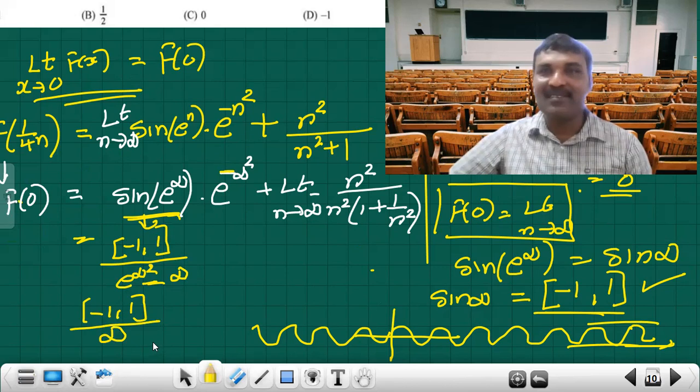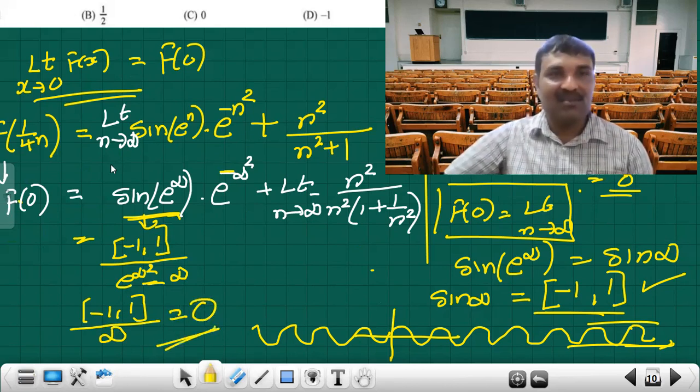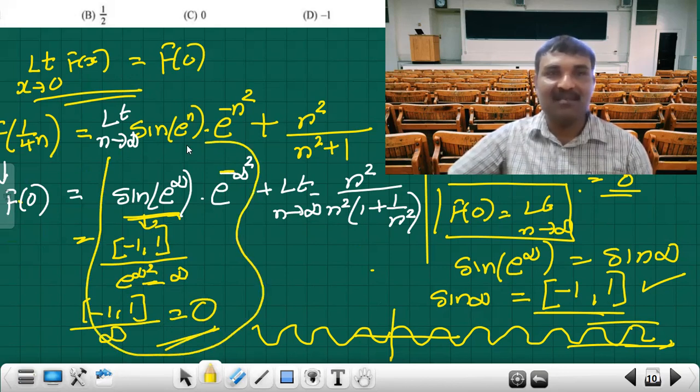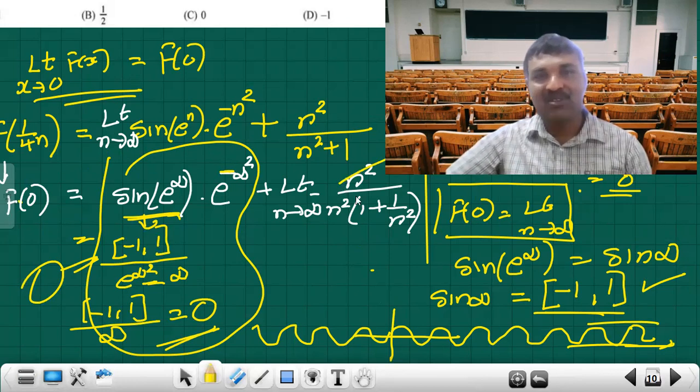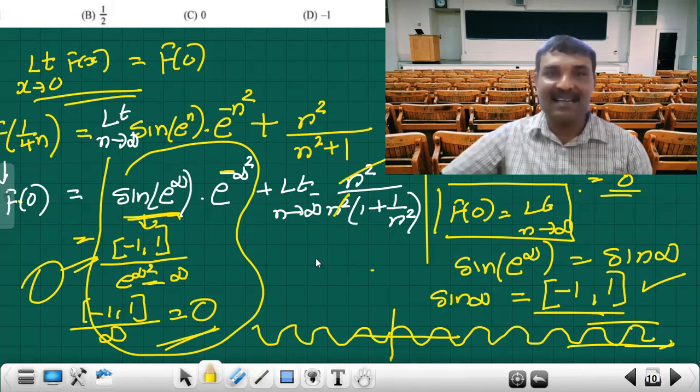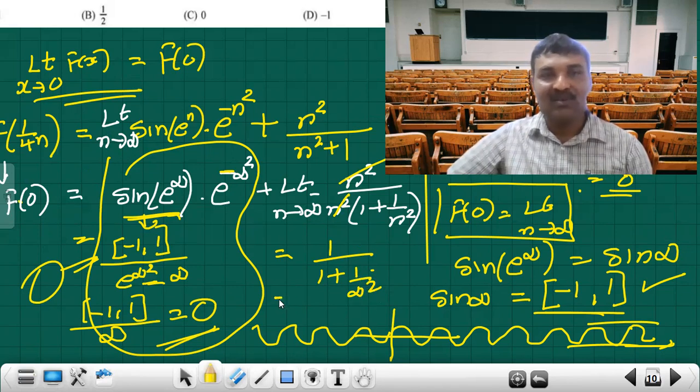Any real number divided by infinity results in 0, so this entire term vanishes and becomes 0. Now what's the value of this limit? The n square in the numerator and denominator will cancel. So this becomes 1 divided by 1 plus 1 by infinity square. 1 by infinity square is 0, so this is equal to 1 divided by 1 plus 0, that is equal to 1.